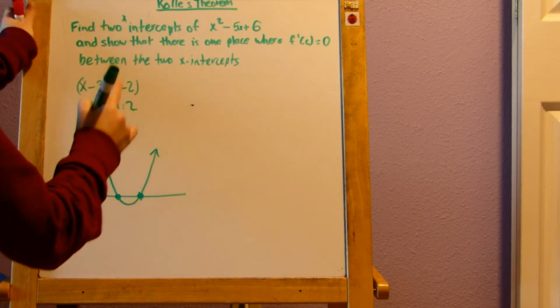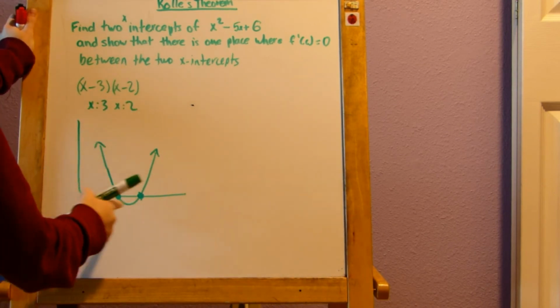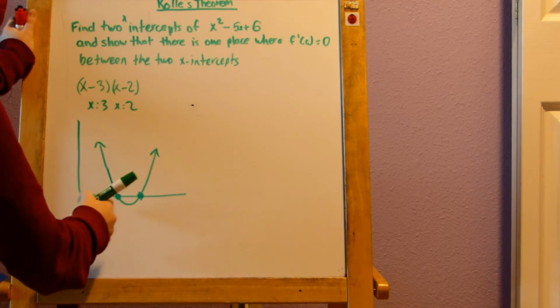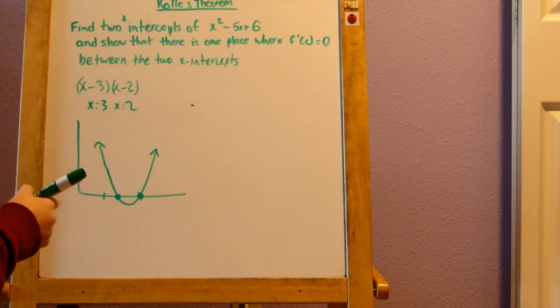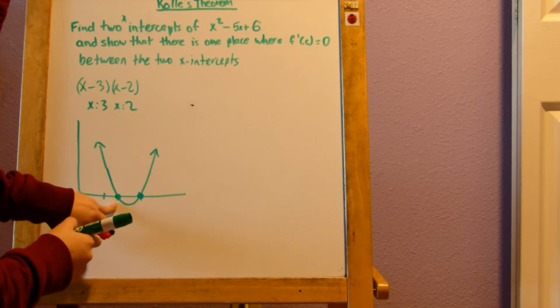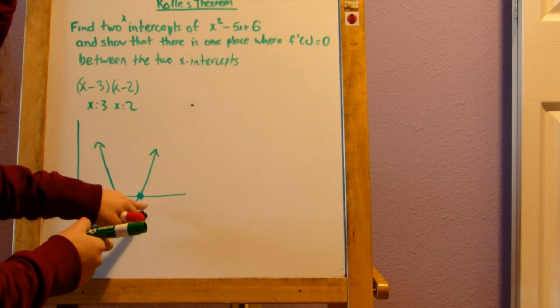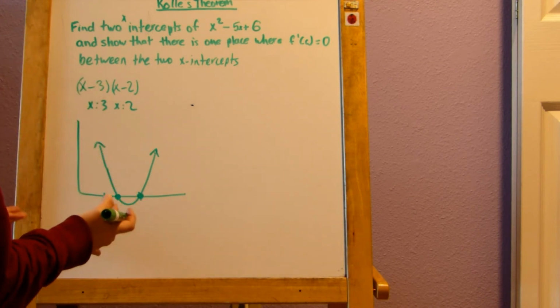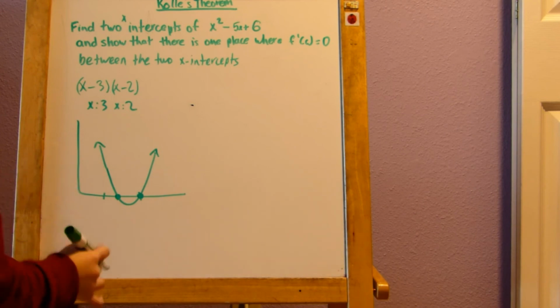We can see that it is continuous on the closed interval, it is differentiable on the interval, and f(2) and f(3), both 0, are the same. So by using Rolle's theorem, we can show that there's a place where the derivative is going to be 0.